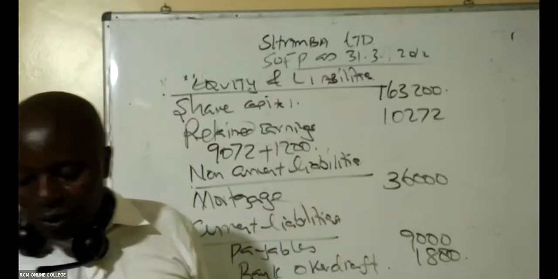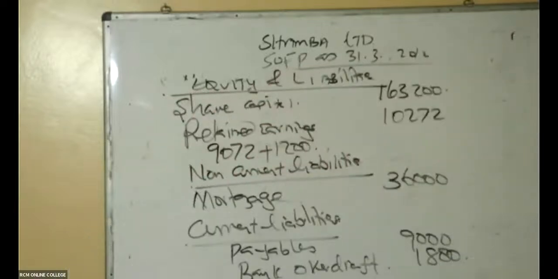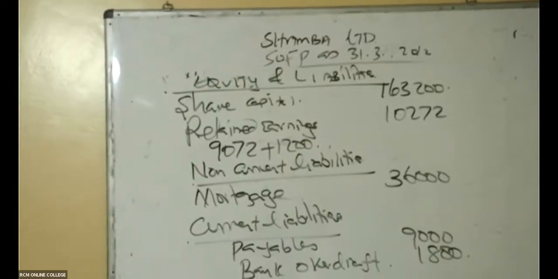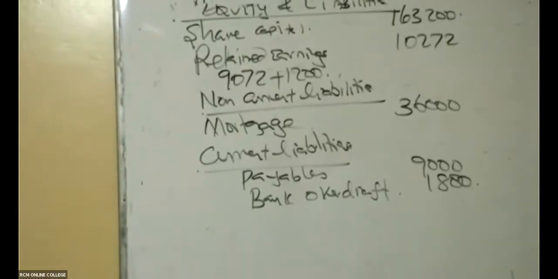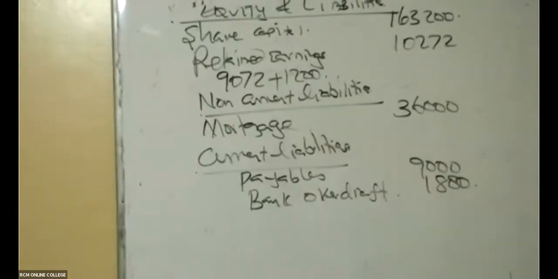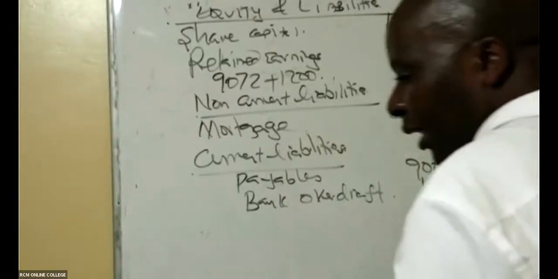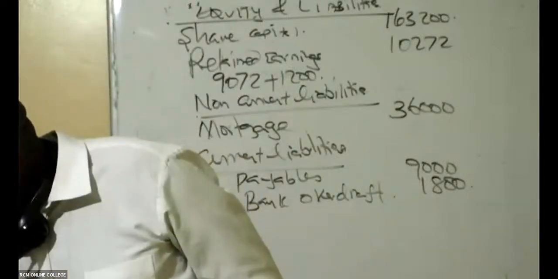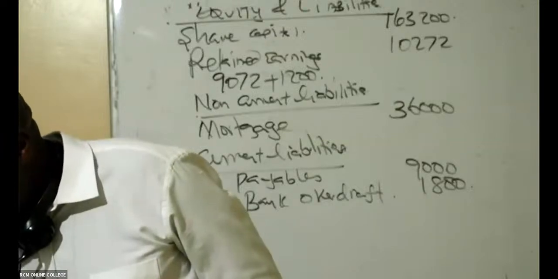And then remember something to do with taxes. If you look at the last note, the tax for the year cannot be a paid figure. Normally, that goes as a current tax liability.